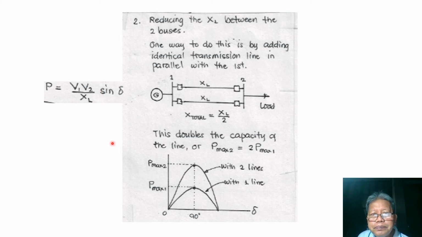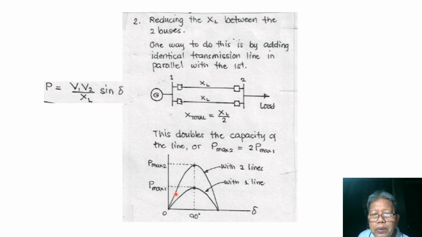Of course, when our new XL is XL over 2, the 2 will go up here, and therefore this will be equal to 2 times this one, which was our P max 1 when we had only one line.